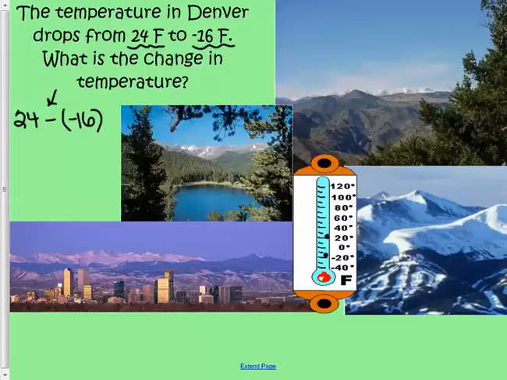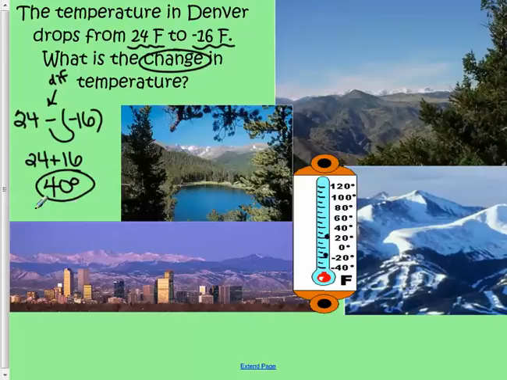We want the difference, the change between these two numbers. So it's going to drop 24 to get to 0, and then 16 more to get to 16 below 0. So that's why we're subtracting. That makes 24 plus 16, which gives us 40 degrees, and that is our answer.